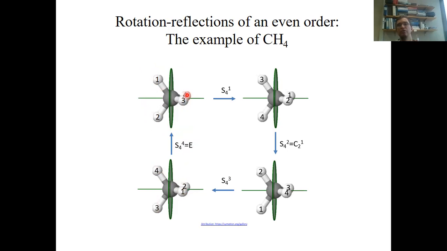Okay. So now from this, you can also see that you actually only have 2 independent symmetry operations associated with the symmetry element. This is the S4^1 and the S4^3, because the S4^2 can be expressed by the C2^1 and the S4^4 can be expressed by the identity.